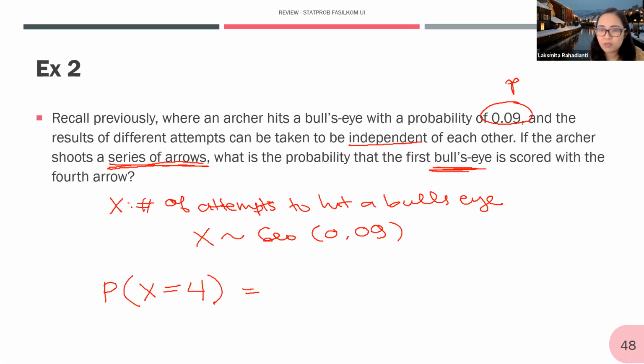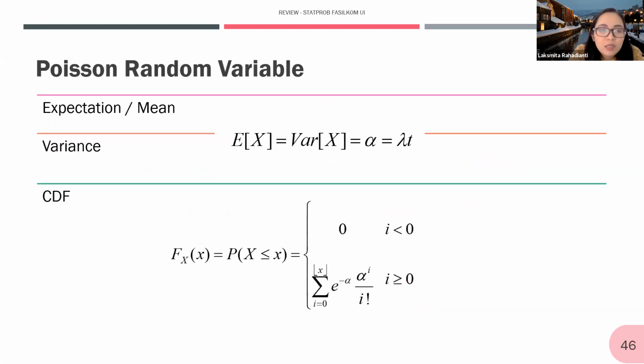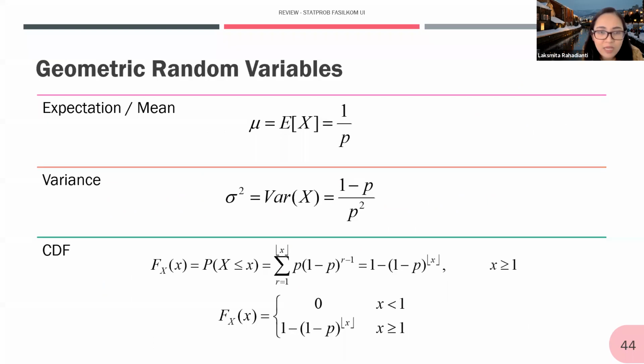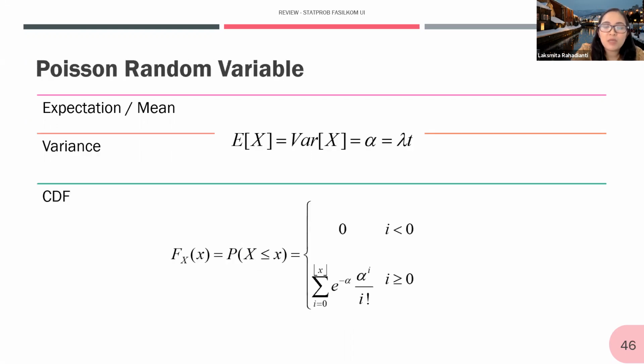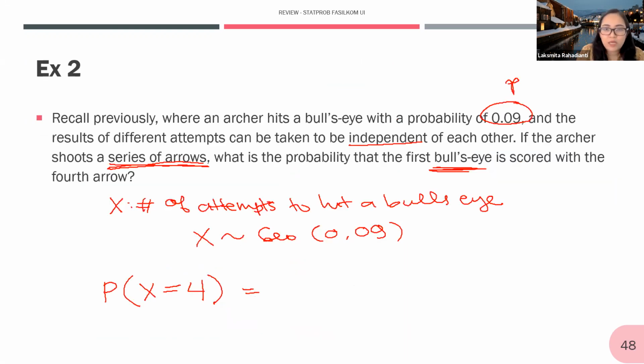I do not remember the formula for that as well. 1 minus P, I think, is it? Yeah, 1 minus P. Where is it? Oh, it's a sum of the CDF, sorry, the CDF is the sum. That means the PMF is this only. P, 1 minus P to the power of X minus 1.